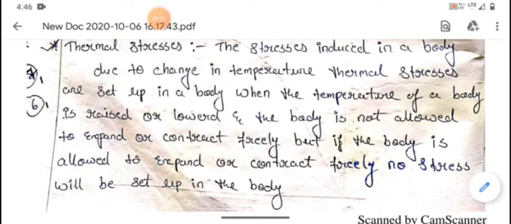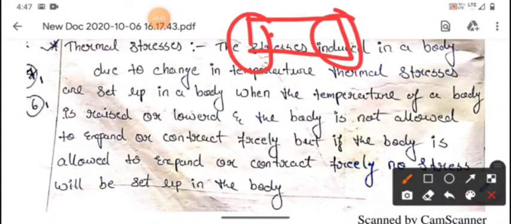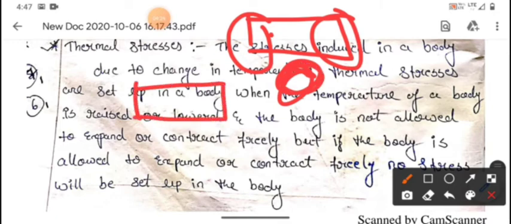Just now I told, you take a rod and it is not held anywhere, it is freely kept, and you are heating it, so because it is free to expand, it will expand easily.